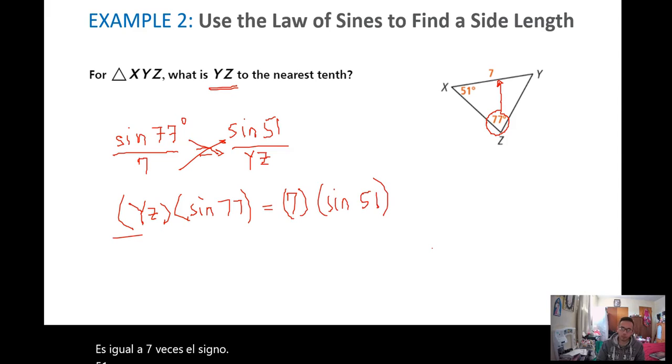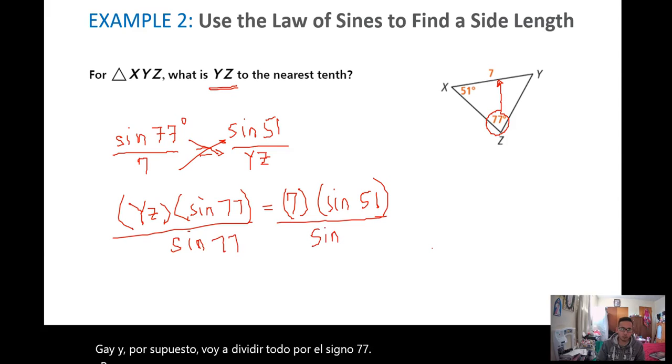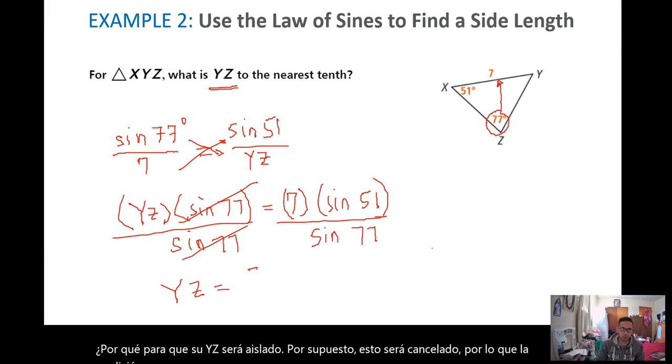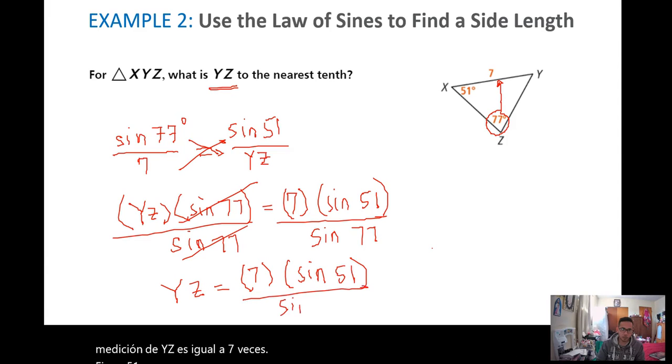And of course I'm going to divide everything by sine 77, so that your YZ will be isolated. Of course, this will be cancelled. So the measurement of YZ is equal now to 7 times sine 51 over sine 77. So using our calculator, we can put that there.